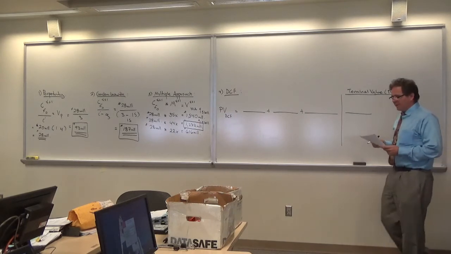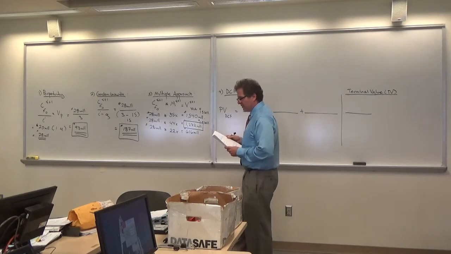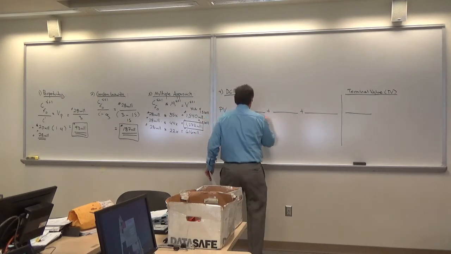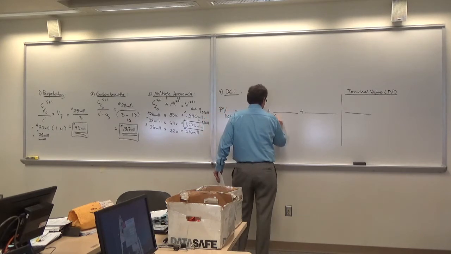Okay. Do we know what the expected return is? Let's do the easy stuff first. Do we know what the expected return is? 30. So what do I divide this by? It's going to be 1.3 to the what? To the 1. This is going to be 1.3.